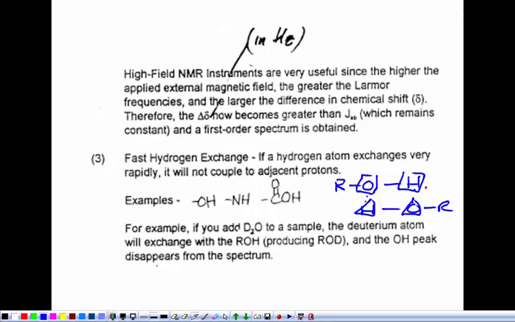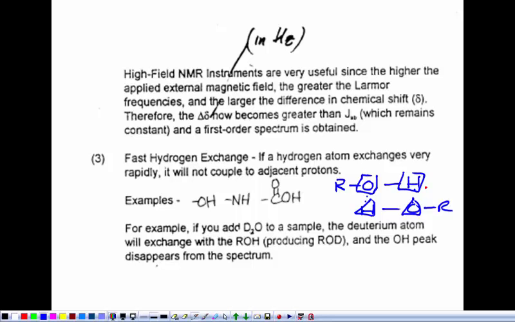So if you have methanol, where you have CH3 and OH, because that hydrogen is constantly exchanging, the CH3 here won't see it as a neighbor and it'll just be a single peak. So there's no coupling. So when we've defined coupling, we've only worried about hydrogens attached to carbons because they don't exchange.